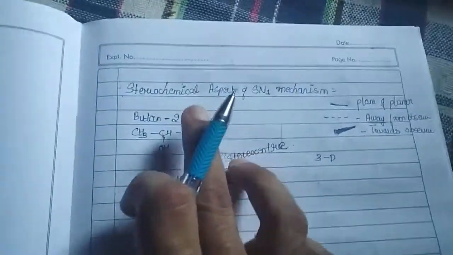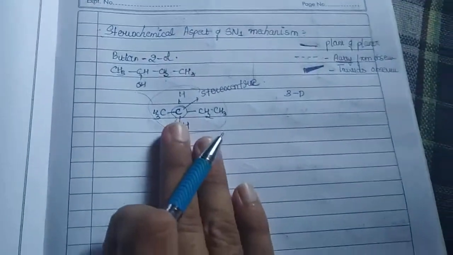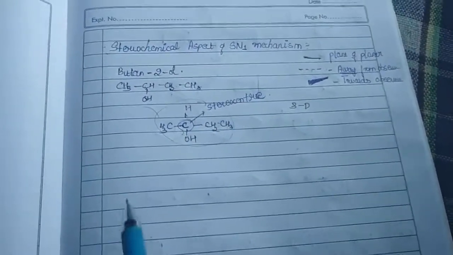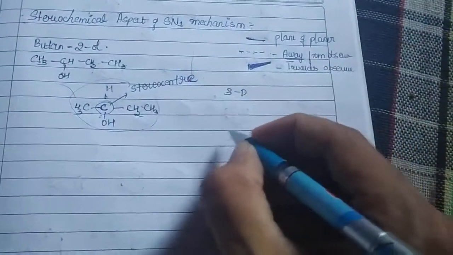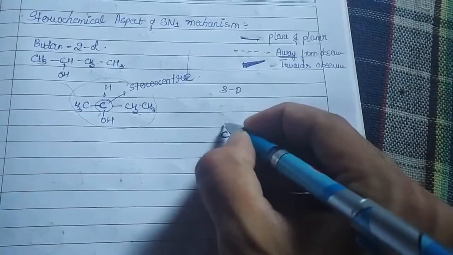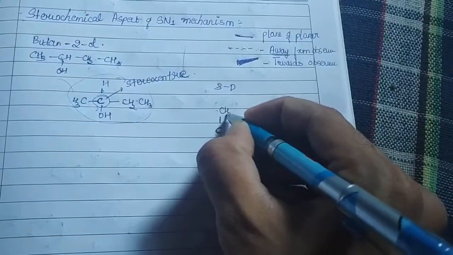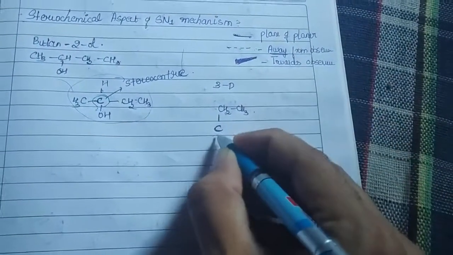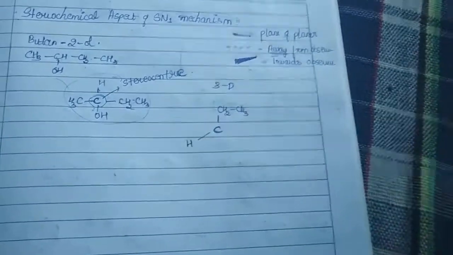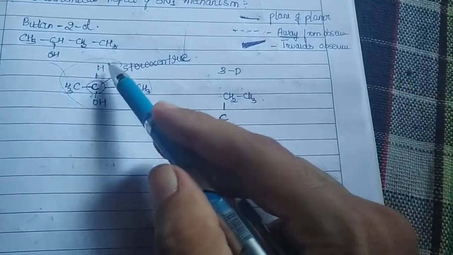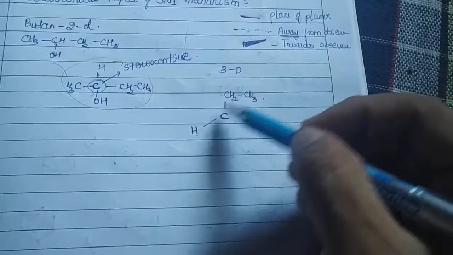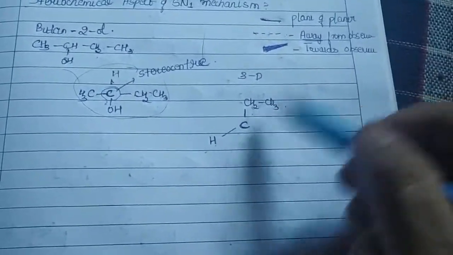So when I choose this butan-2-ol, and I try to write its 3D representation, how will I write it? You just see. I'm going to write it this way. CH2, CH3, H. You can see that my ethyl group and my hydrogen are in the plane, on the plane.